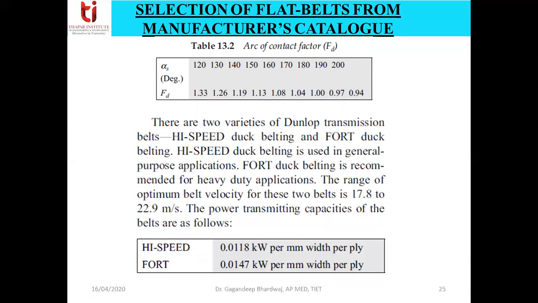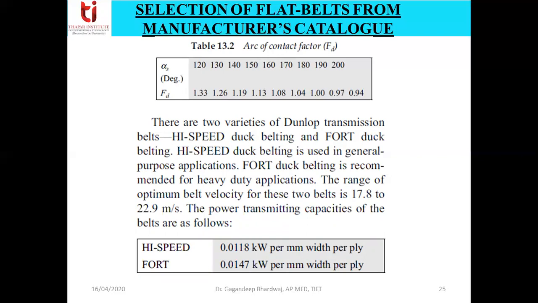So there are two varieties of Dunlop transmission belts used. One is high speed duck belting and second one is forward duck belting. High speed duck belting is used in general application, whereas forward duck belting is recommended for heavy duty. The range of optimum belt velocity for the two belts is 17.8 to 22.9 meter per second. So basically we can take any value between this range.